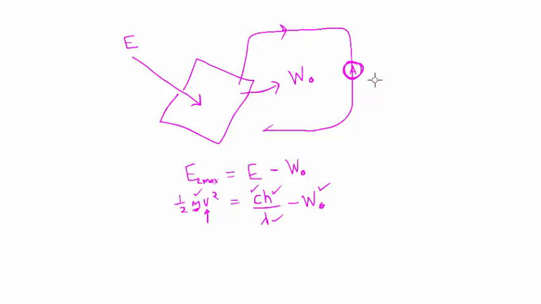So increasing the energy of the light, in other words increasing the frequency or decreasing the wavelength of light, won't increase the current. What it will do is increase the energy of every electron coming out.